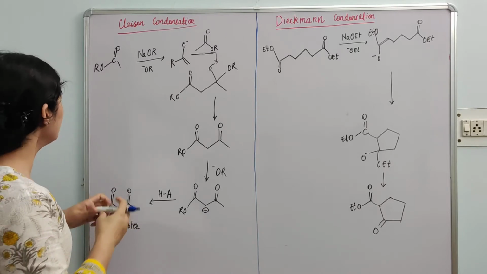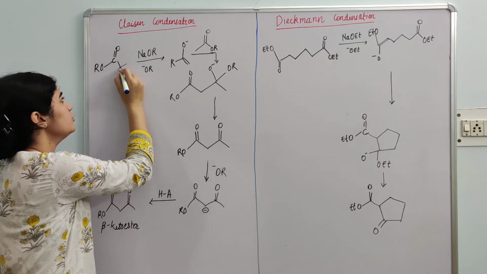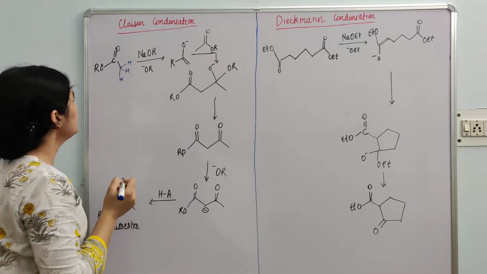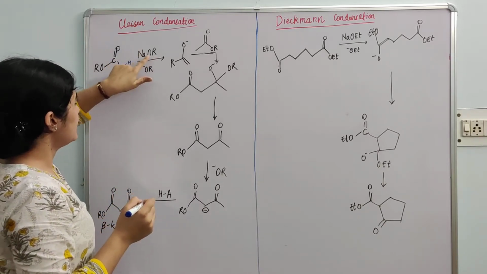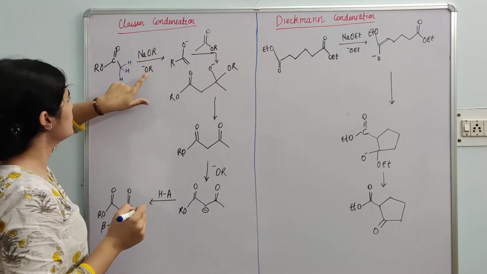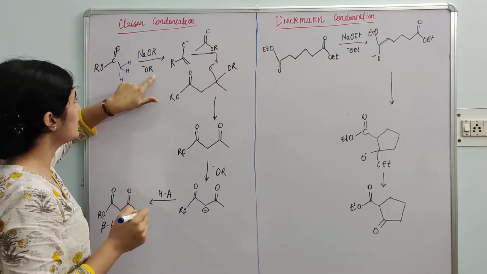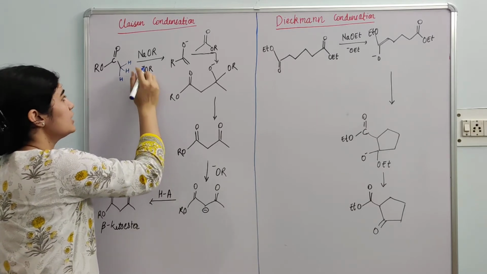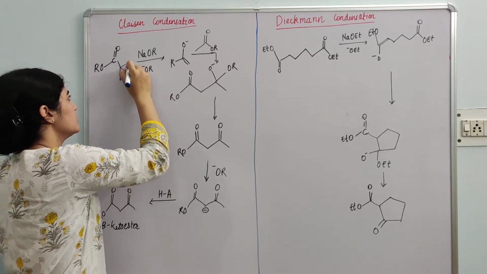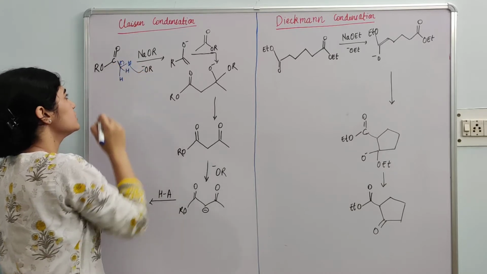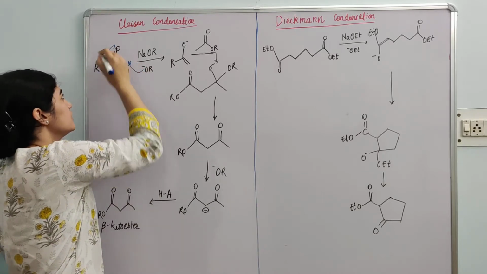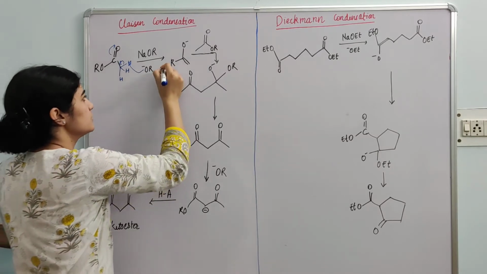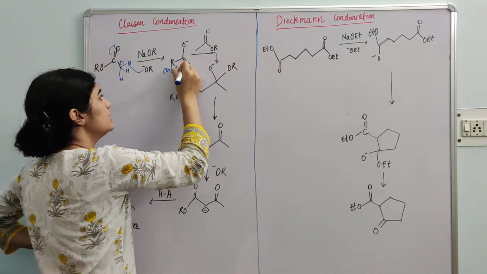We have an ester group, so here you have 3 hydrogens. This NaOR will give us alkoxide, that is OR negative. It will eliminate one of the hydrogens and it will get O negative. So you will be getting an enolate. This is enolate.